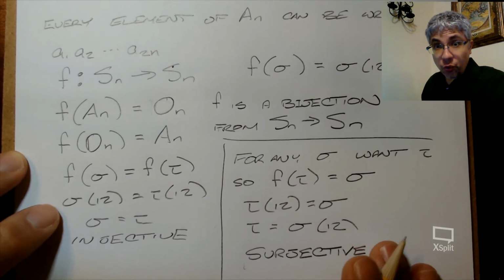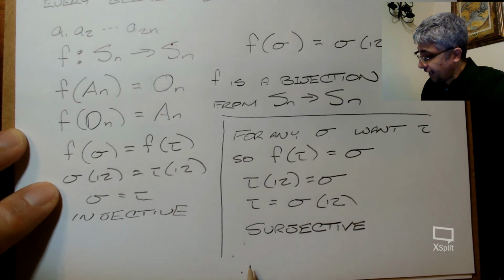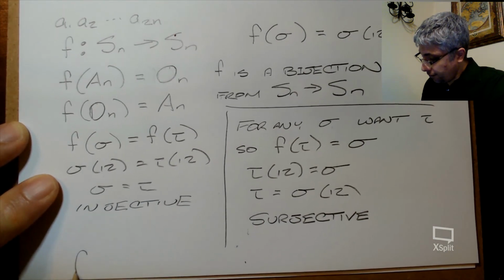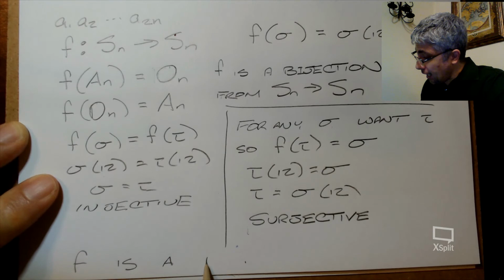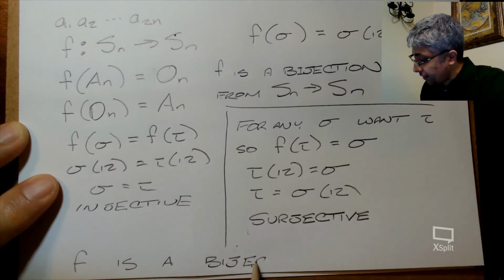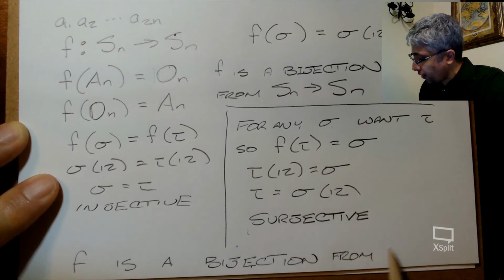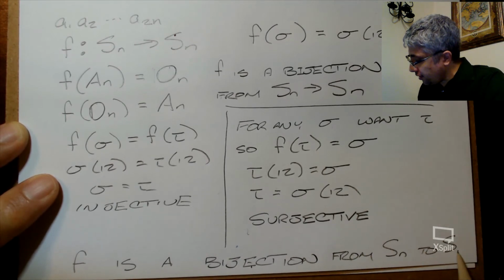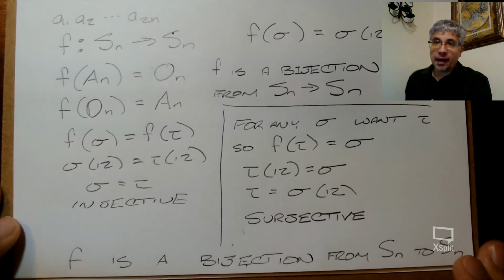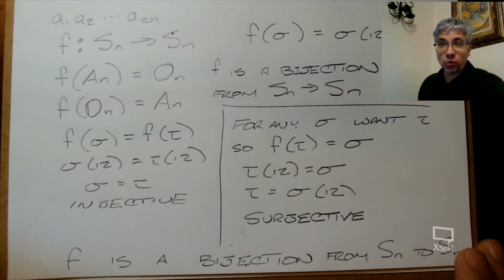Okay, so what does that tell me? It tells me that F is a bijection from Sn to Sn. So this is a map which is both onto and one-to-one.